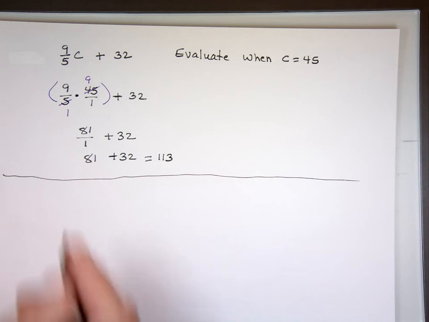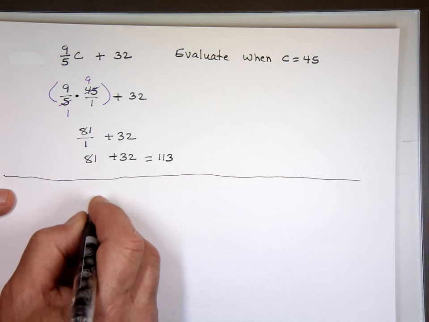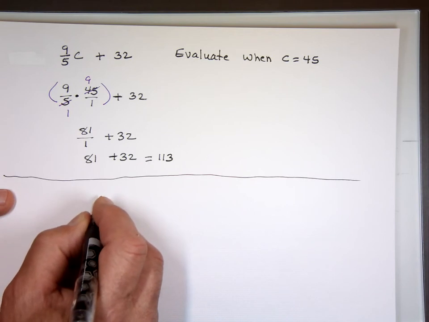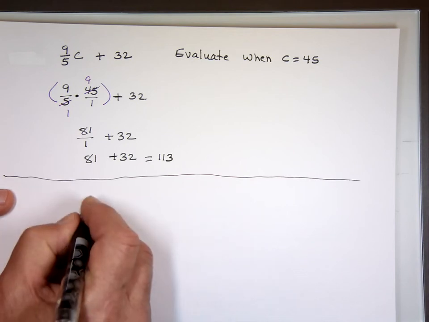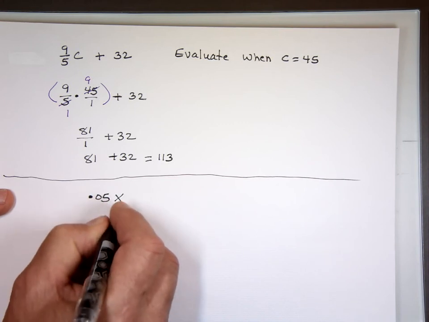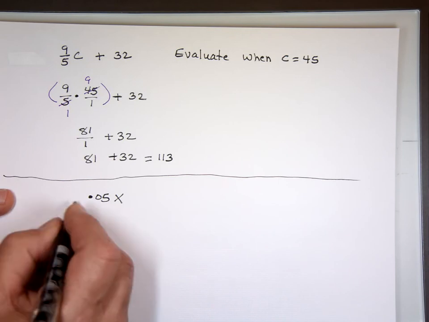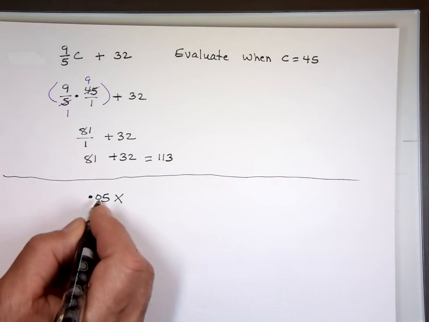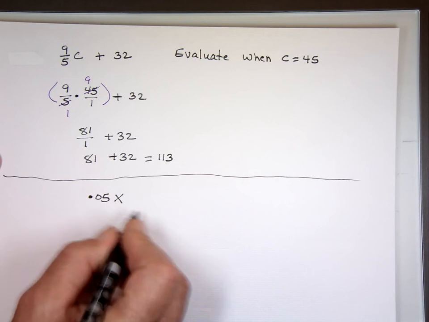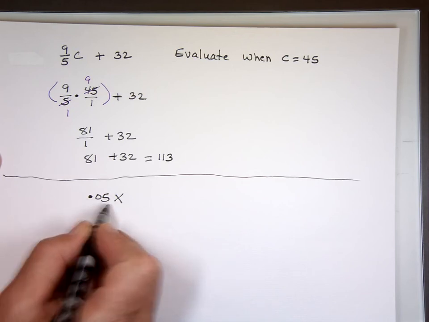The interest on that money, the expression for that is going to be, let's say it's 5% times the amount of money. 0.05x. They're giving you a 5% interest rate, let's say simple interest. So the interest you're going to collect on that money will be 0.05 times x.